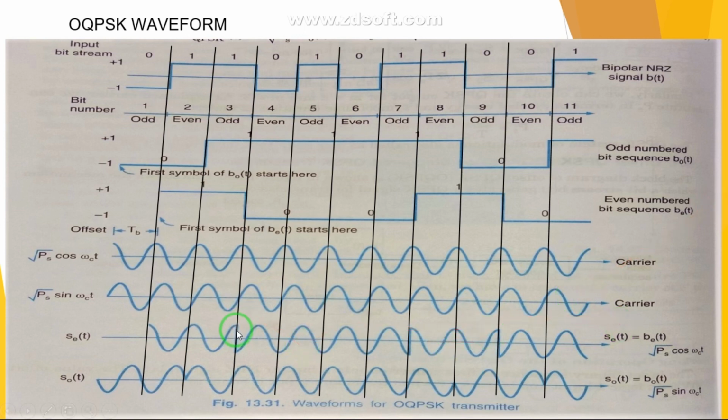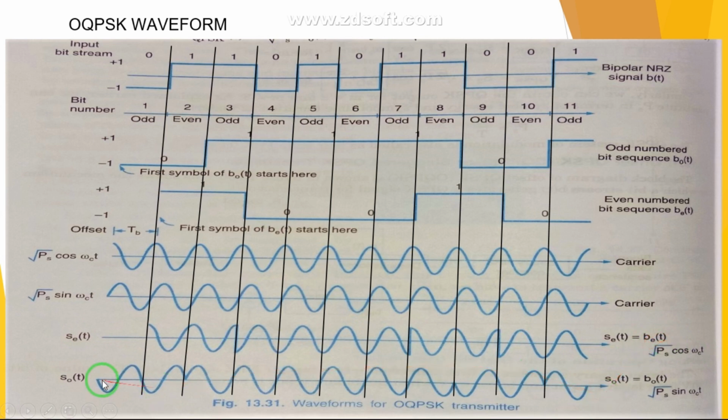You can see how the phase shift occurs at this transition. Similarly, at this transition a phase shift is there, and at this transition as well. So S of ET is nothing but B of ET root PS cos omega CT. This is your first BPSK signal.